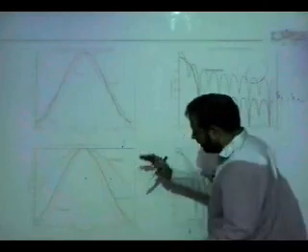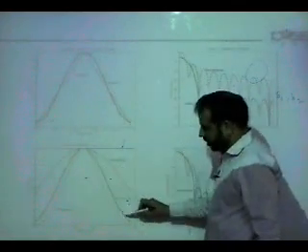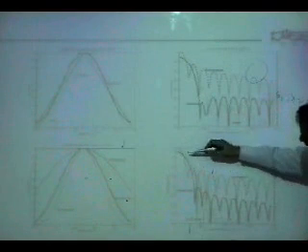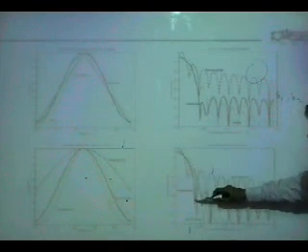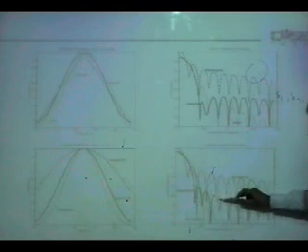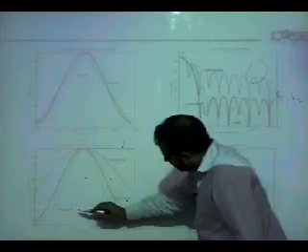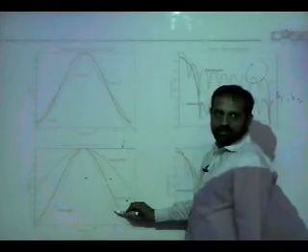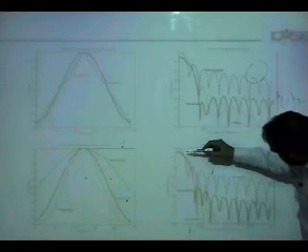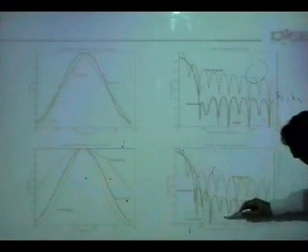This is Kaiser, it will keep shrinking. Kaiser 5.0 is this. And what you see in the frequency response? Flatter and more suppression. Kaiser 8.0 is this window, and this is the response. Even flatter and more rejection.